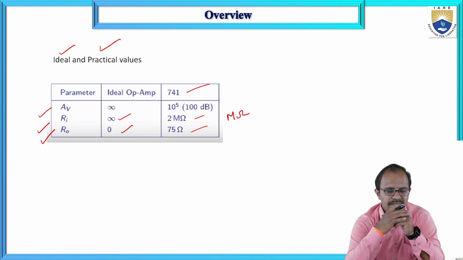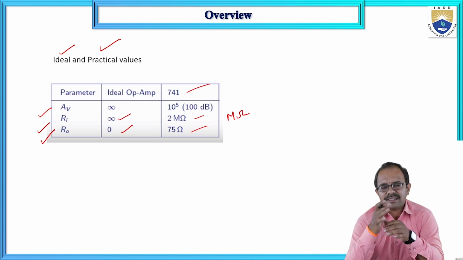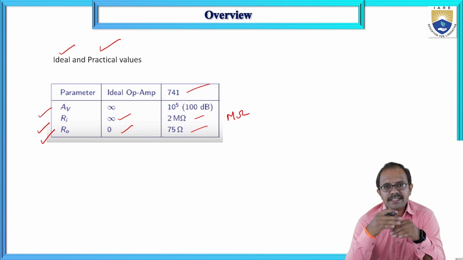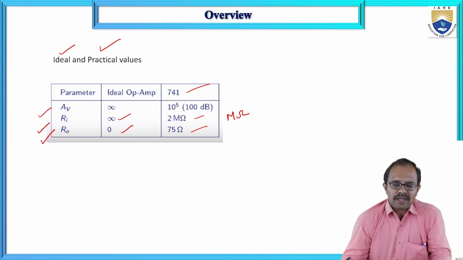It is always tough to achieve the ideal values. The practical scenario is different from the ideal scenario, but at least we can move the values close to the stated ideal values. So what we said: gain and input impedance are always infinite for IC741 in the ideal context, and in the practical scenario these values are very high.